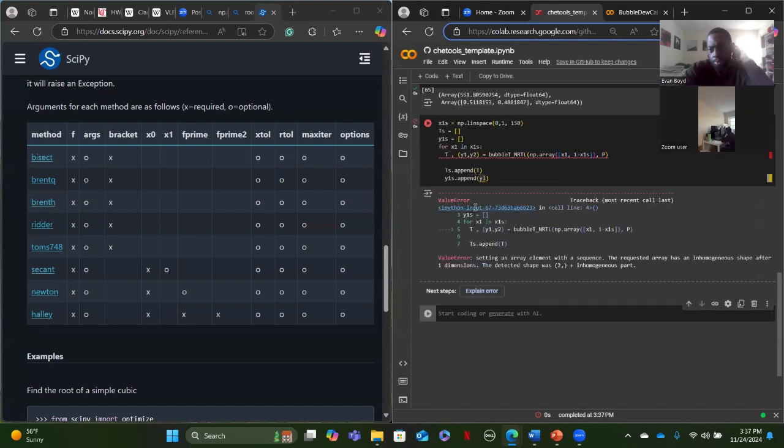What's wrong? It's saying an array with element. What's wrong? Let's see.